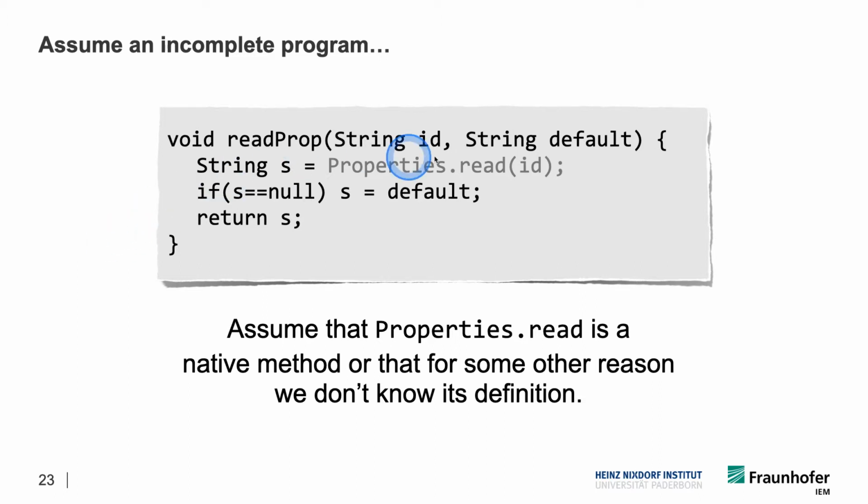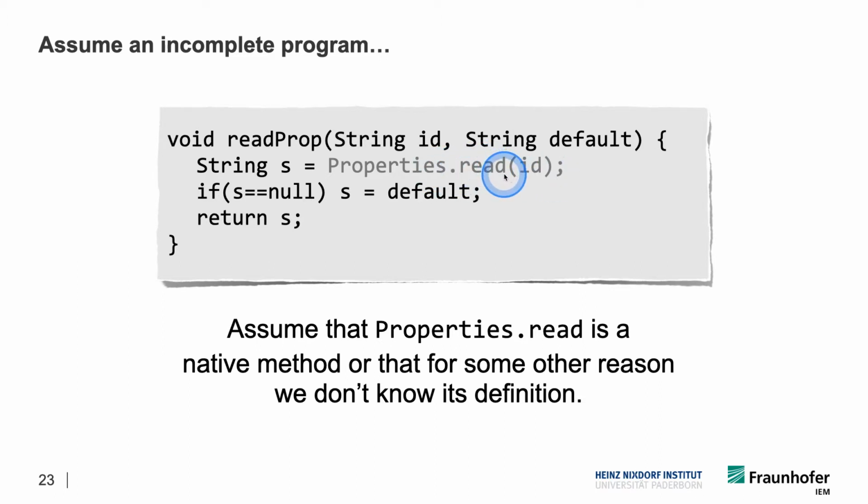And now the analysis encounters this particular method call to properties.read, but read is actually a library method. Okay, it might be part of the Java runtime library. And for instance, for efficiency or scalability reasons, you have decided that you are excluding that library from your static analysis. So that means the static analysis will not be able to resolve this read call.